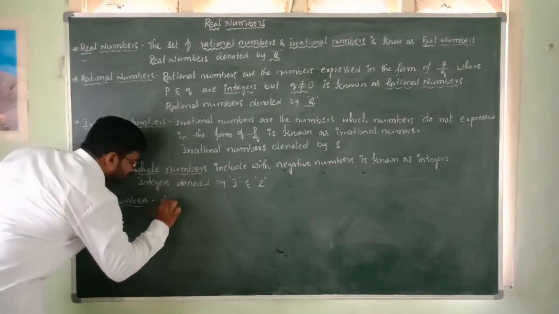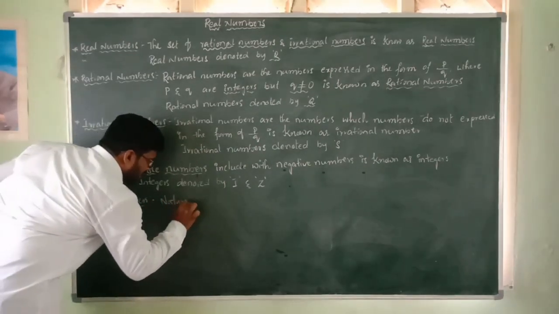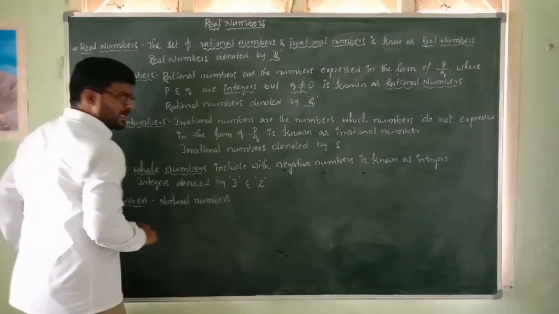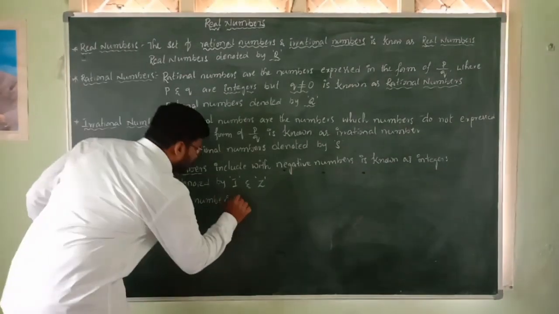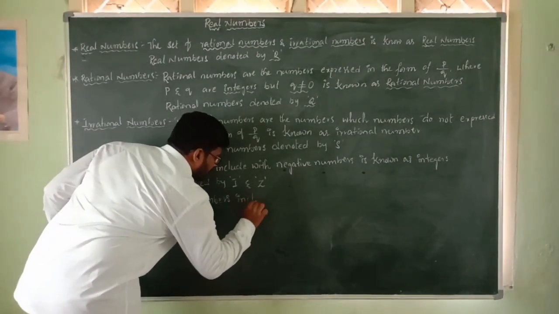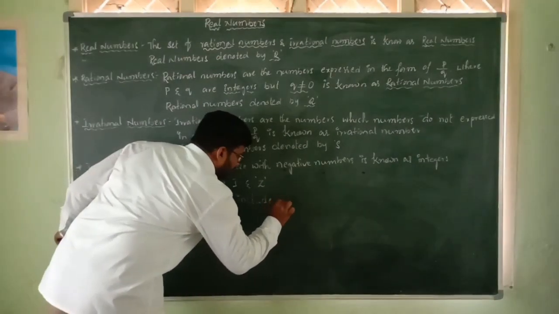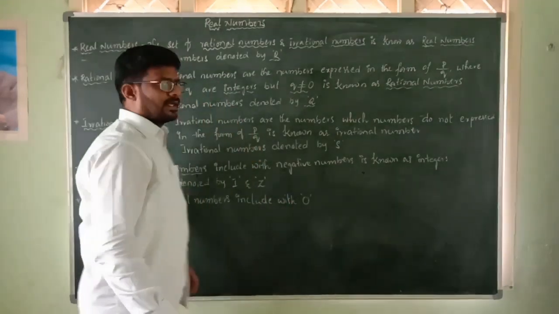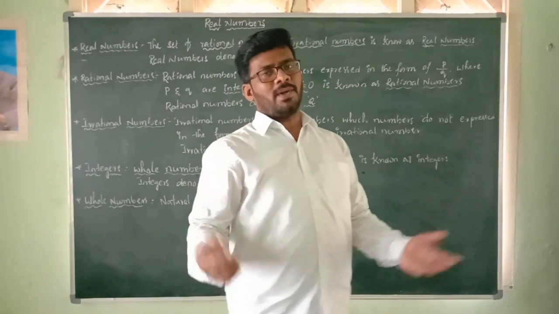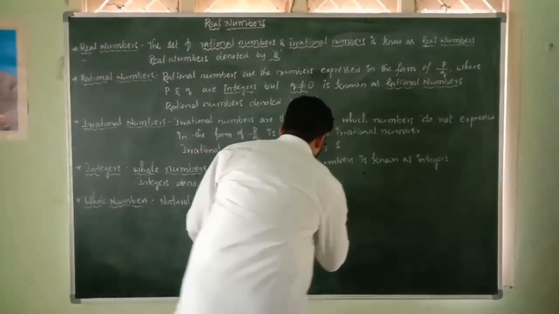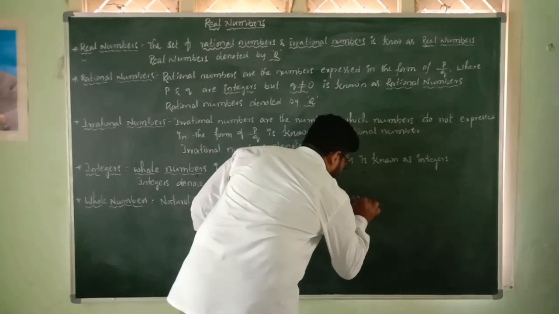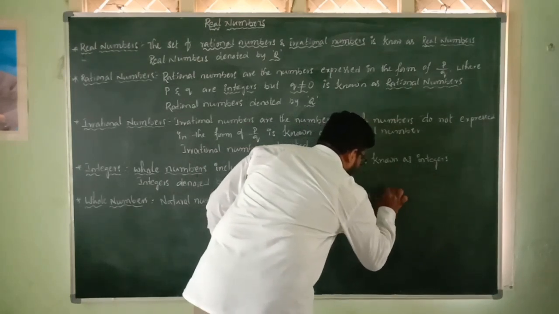Natural numbers together with 0 are known as whole numbers.